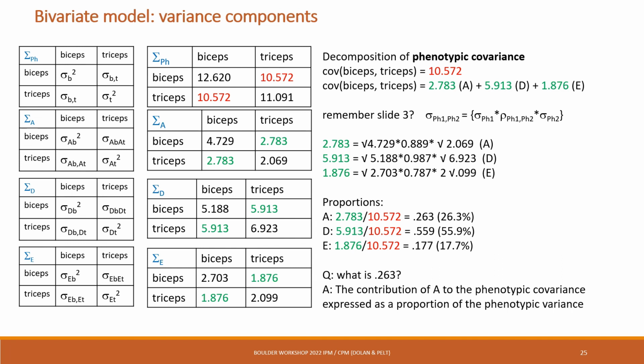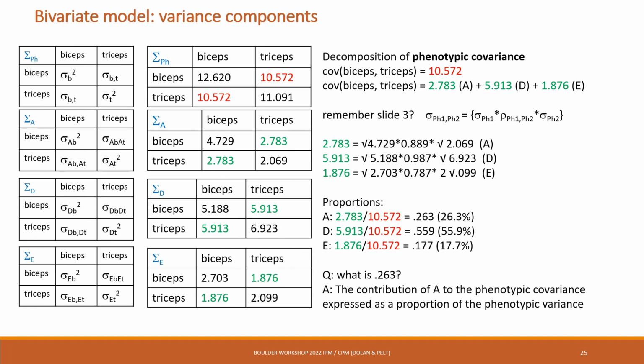Now, a question we can ask is, if the phenotypic covariance is 10.57, how much of that is attributable to additive genetic effects? One way to answer this question is to express the contribution of A, the 2.78, as a proportion.